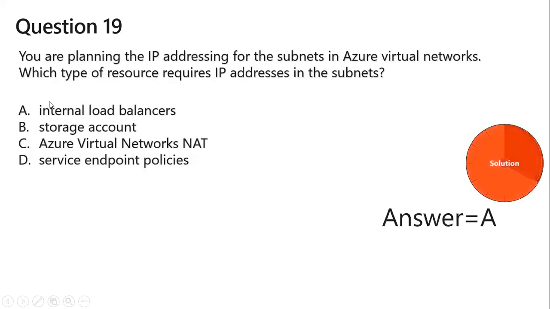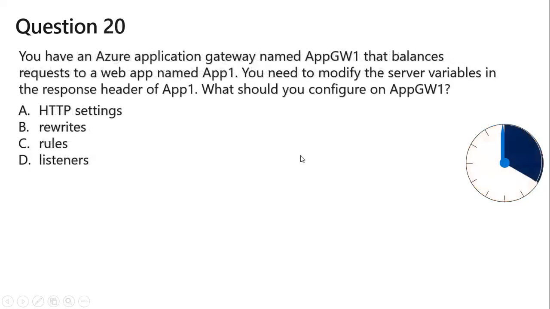So for this question, the correct answer is going to be A, that is the internal load balancer. And moving to the next question, question number 20. You have an Azure application gateway named AppGW1 that balances requests to a web app named app1. You need to modify the server variable in the response header of app1. What should you configure on AppGW1?